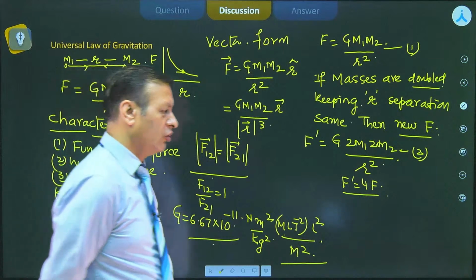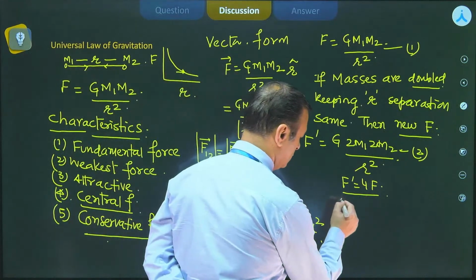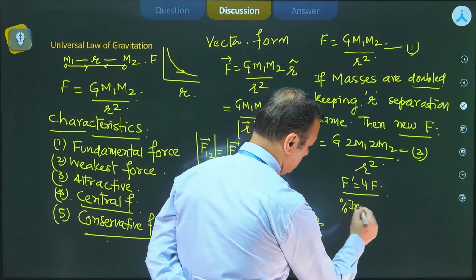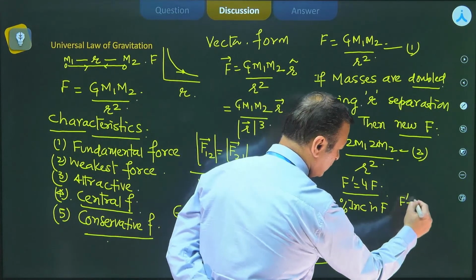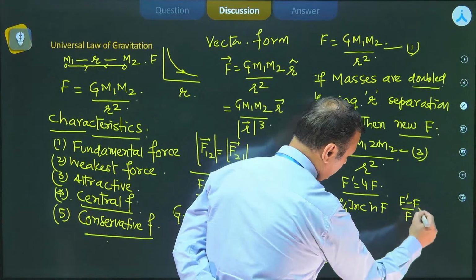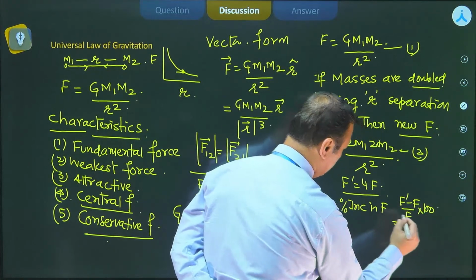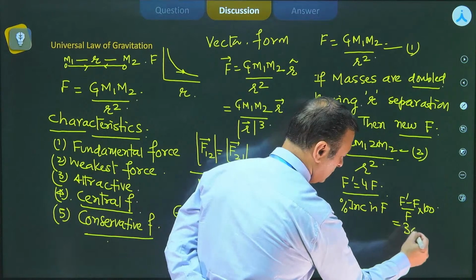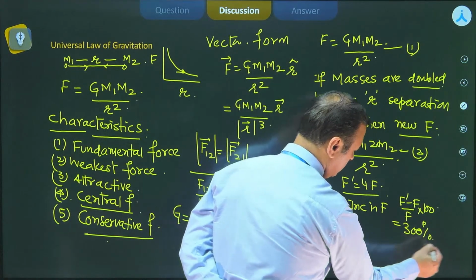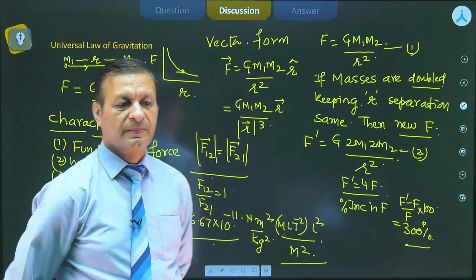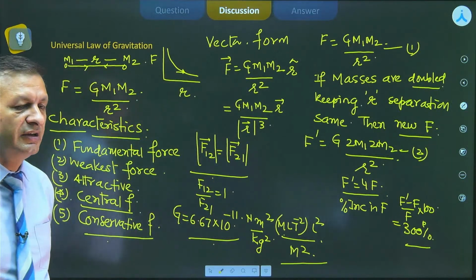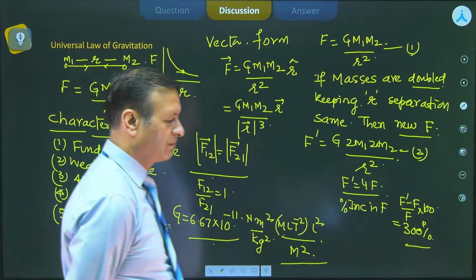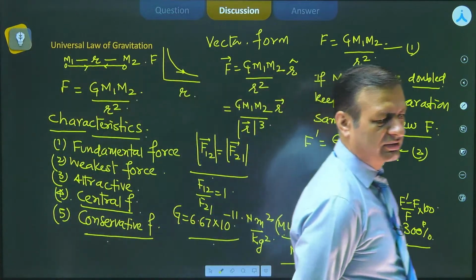This is the simplest of all. And if I ask you the percentage increase in force, that would be F dash minus F by F into 100, and this is 300%. So that would give me 300% as the increase in the force. Any doubt from this part? Any doubt?